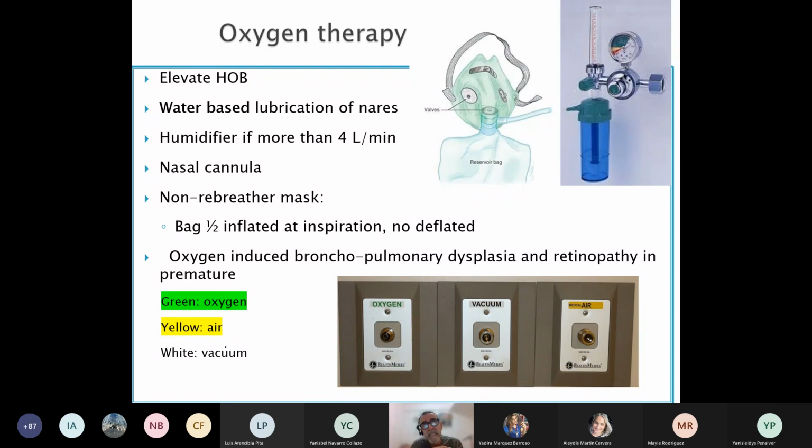Professor, 95% is the normal. Yes, but in a patient that is unstable, critical, with shortness of oxygenation, elevating this O2 saturation into the range of 90 to 95 is acceptable.